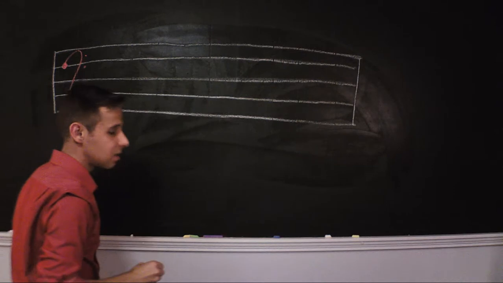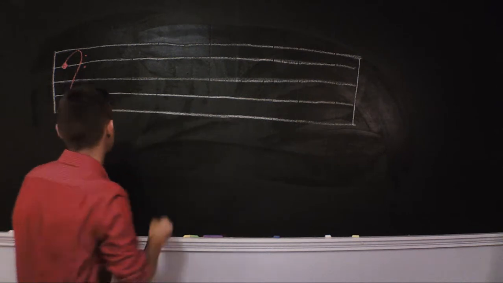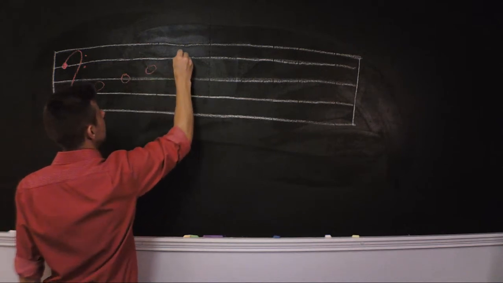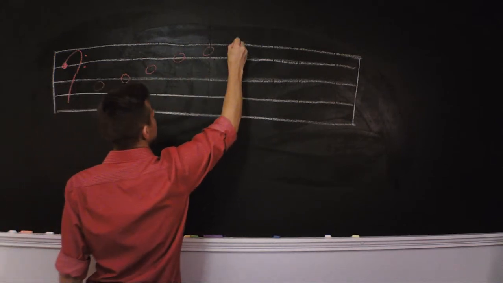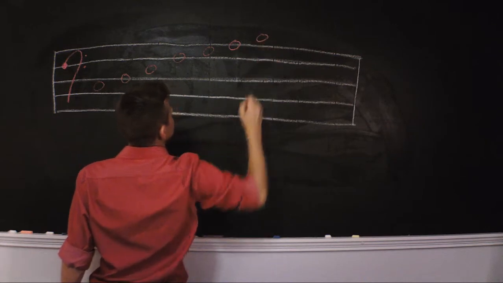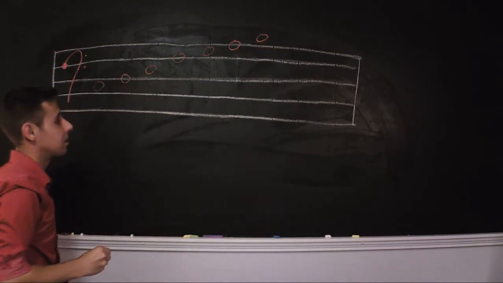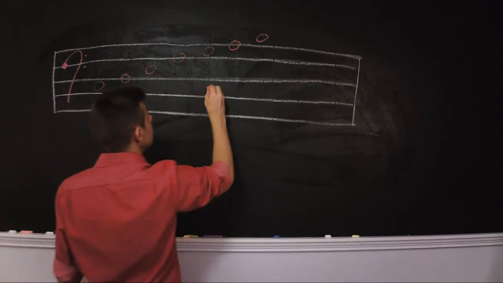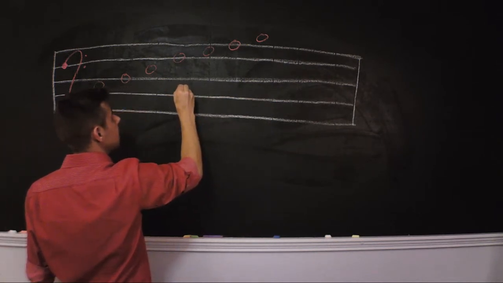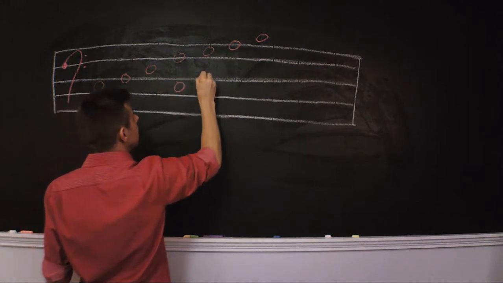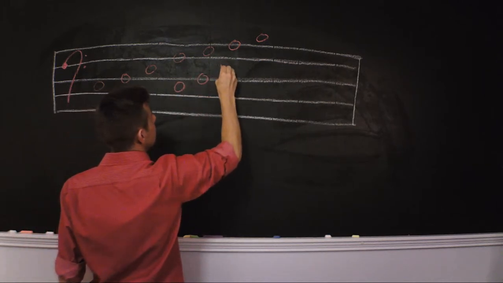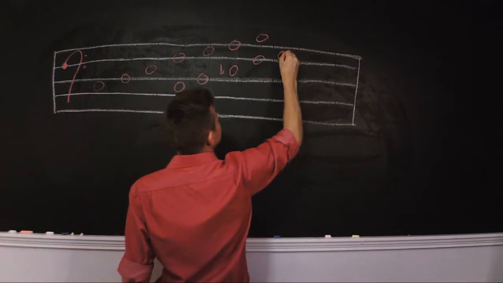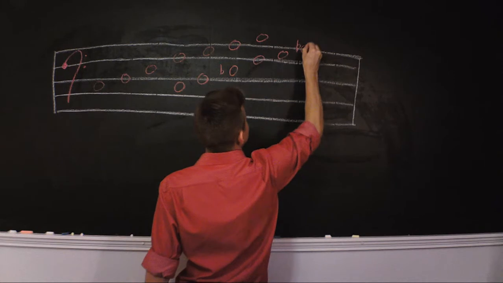Alright. So I'm going to build you a C major scale. Alright, there's C major. Now I'm going to build you C minor. And I'm going to offset these. Flat third. Flat 6. Flat 7.